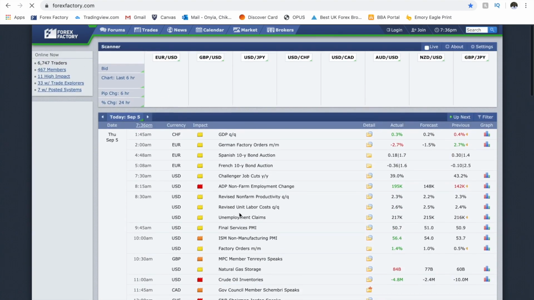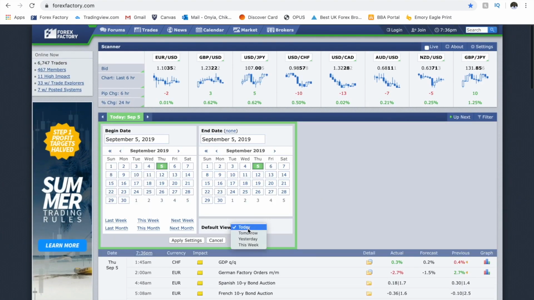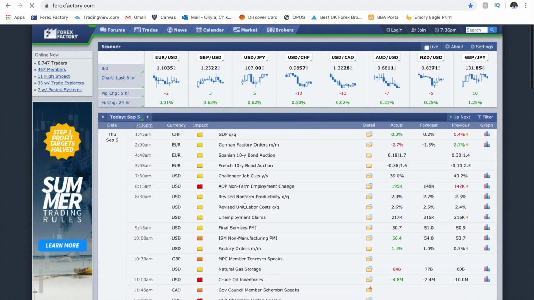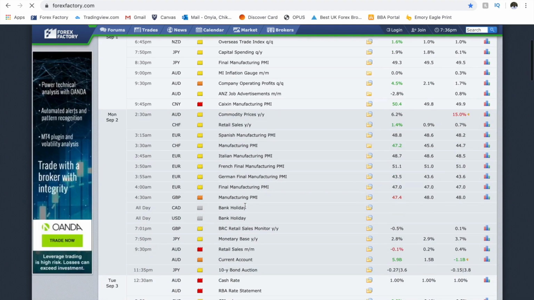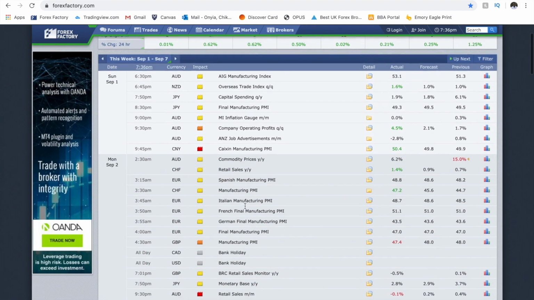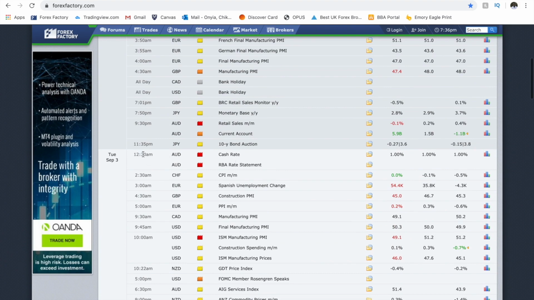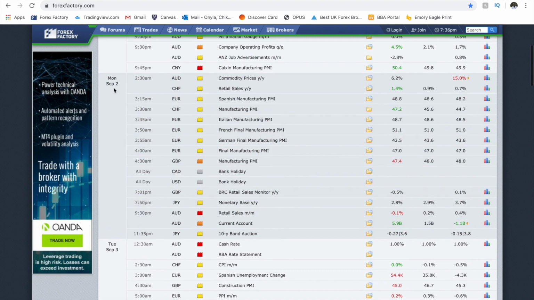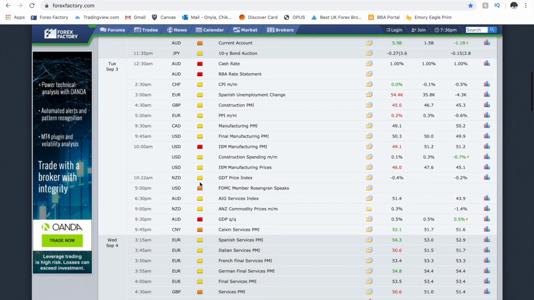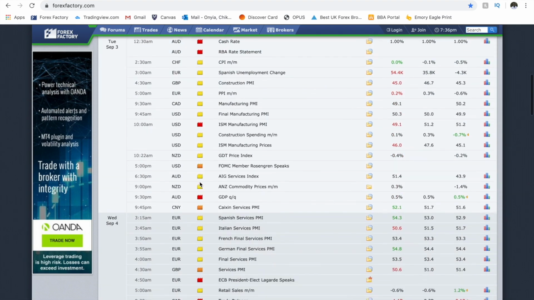You can only look at what's happening today. You can do tomorrow, yesterday, and what I recommend is keeping it on the week so you have an overarching view of what's going to happen. Because sometimes you might fall asleep not knowing that there is an important trade happening at 12:30 a.m. that you should have been awake for. Okay, but you wouldn't have seen that if you were only looking at Monday. Okay, so I keep it on the week.